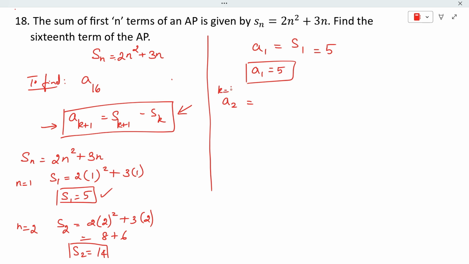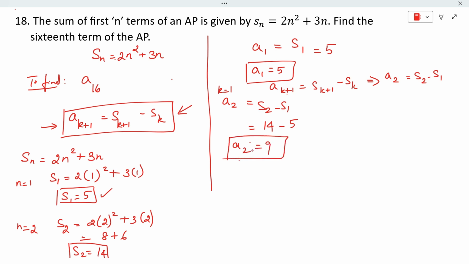So when I take k as 1, a(k plus 1) is equal to s(k plus 1) minus sk, right? Which implies now k takes the value 1, so a2 is equal to s2 minus s1. So substitute the value of s2 and s1 here, that is 14 minus 5. So A2 is equal to 9. So this is the second term of an AP.